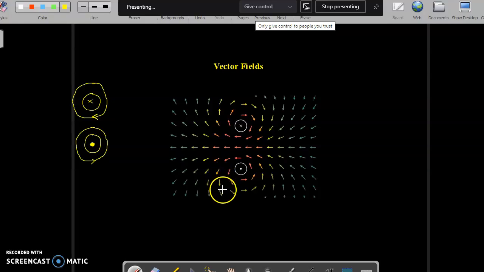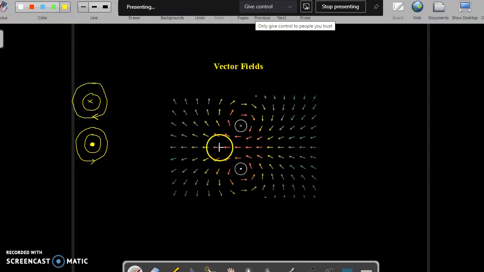And if you look at the complete picture of the lines of force around two current carrying conductors, we can see that using a color code we can represent the strength of the field. Red indicates a strong magnetic field, whereas blue indicates a weak magnetic field. These arrows are used to represent the direction of the lines of force, and each arrow represents a vector.